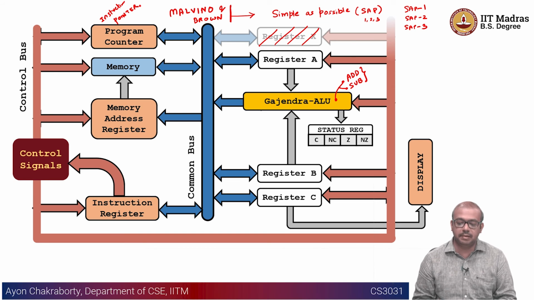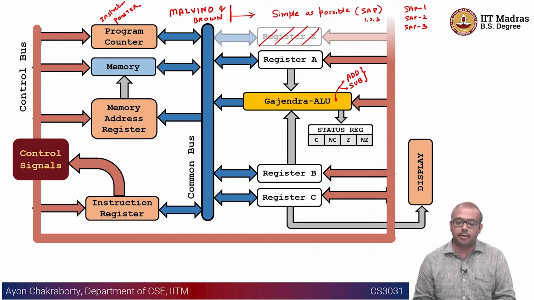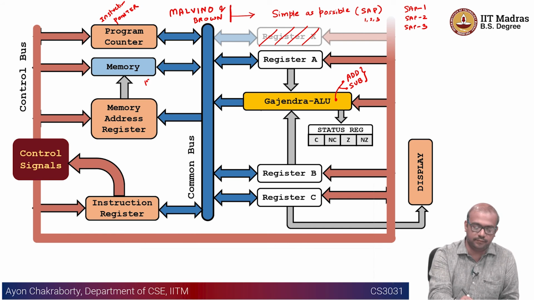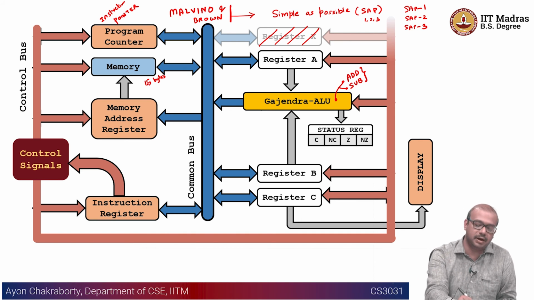For the memory, we are going to keep it very, very simple. Our memory is going to consist of only 15 bytes, okay, and this is byte addressable. So every location is a single byte, and you have 15, or 16 bytes rather, sorry.